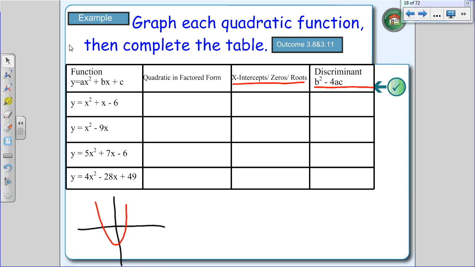So second trace, also having issues here. That's it, folks. I'm just going to pause that.